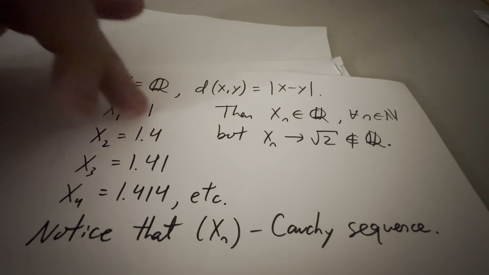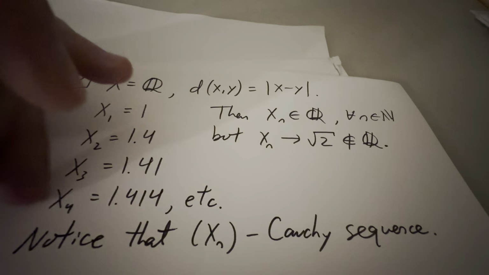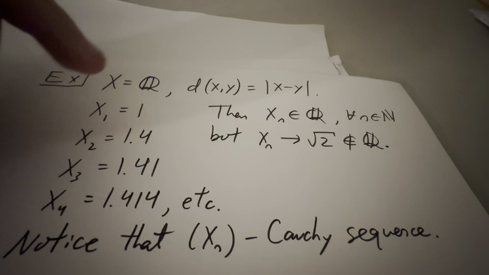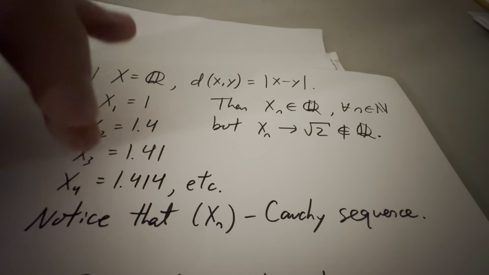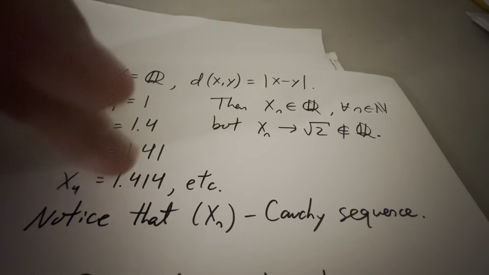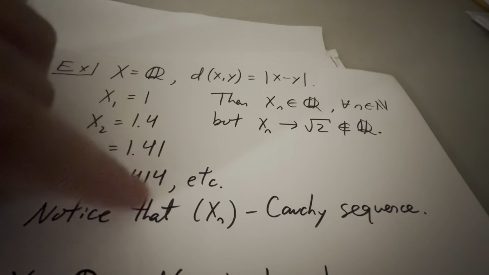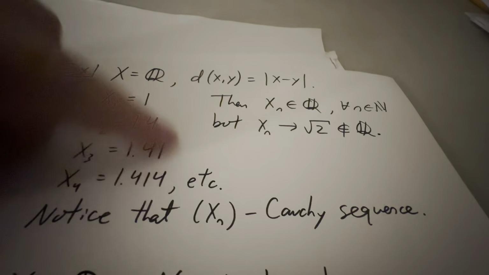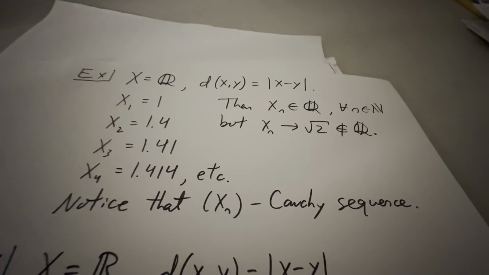So you let x_1 be 1, x_2 be 1.4, x_3 be 1.41, x_4 is 1.414, and if you recognize the pattern here, x_5 would be 1.4142, and so on. And you can show via exercise that this sequence is a Cauchy sequence. You can kind of just look at it and see that it has to be a Cauchy sequence, but you have to do it formally.